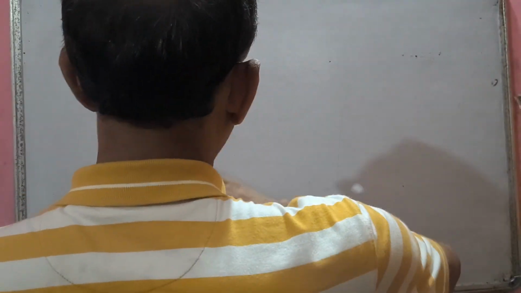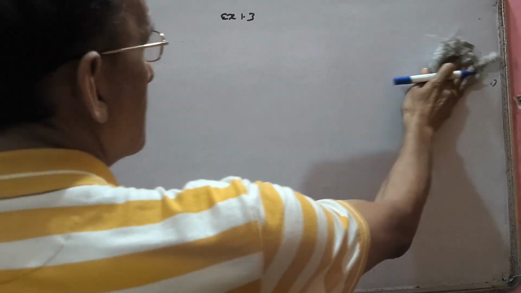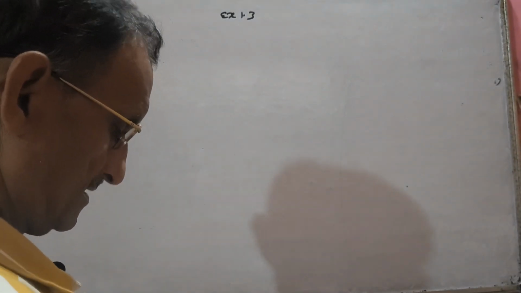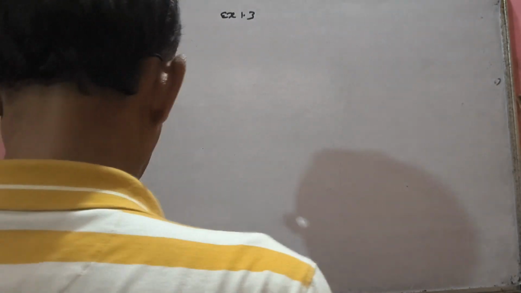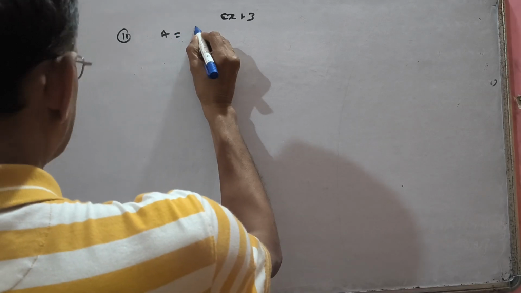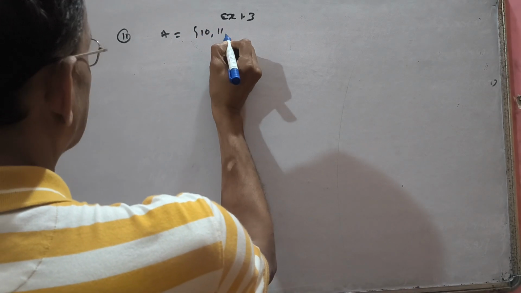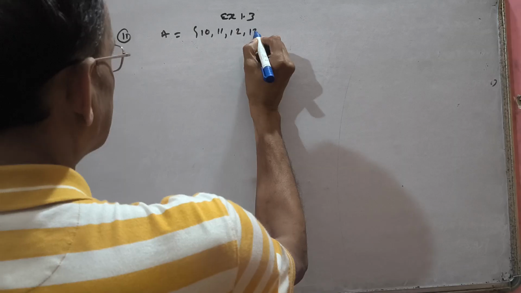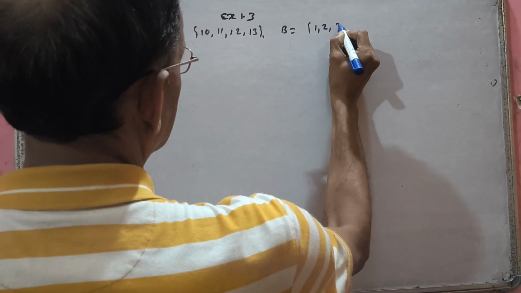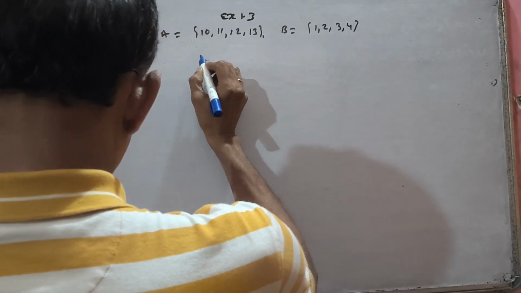Number 11 now. A is given as 10, 11, 12, 13. B is given as 1, 2, 3, 4.